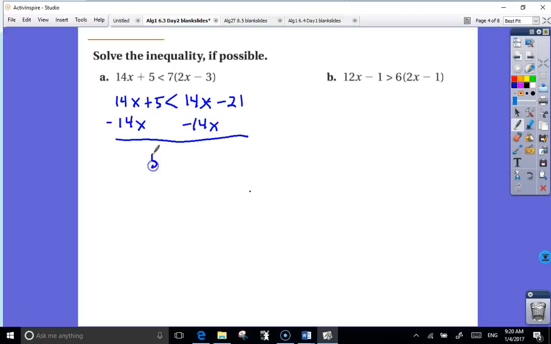So we have 5 is less than negative 21. There's no variable involved. It's just a statement. It's either true or false. Is 5 less than negative 21? No, that's actually false. So what does that tell you? False. That means no solution.